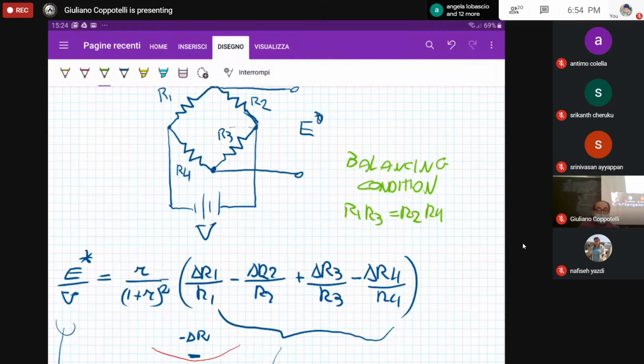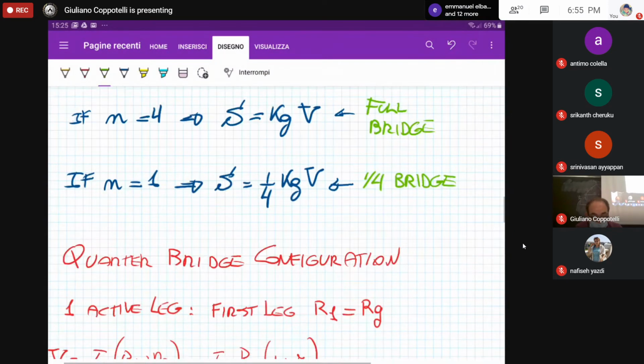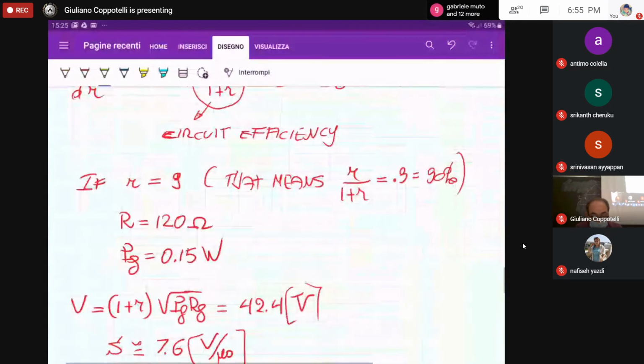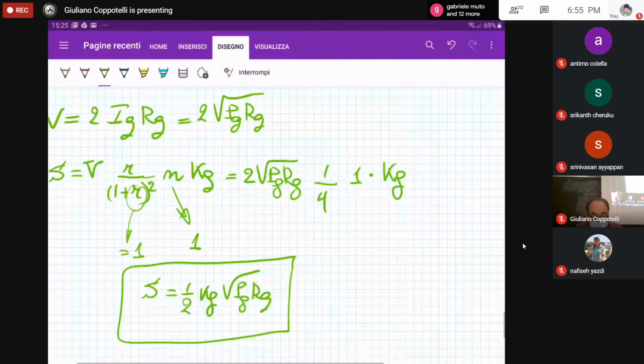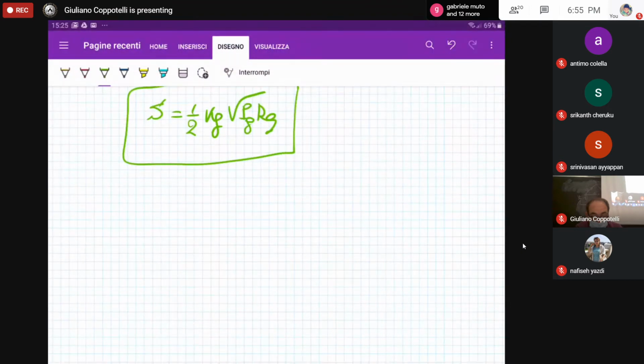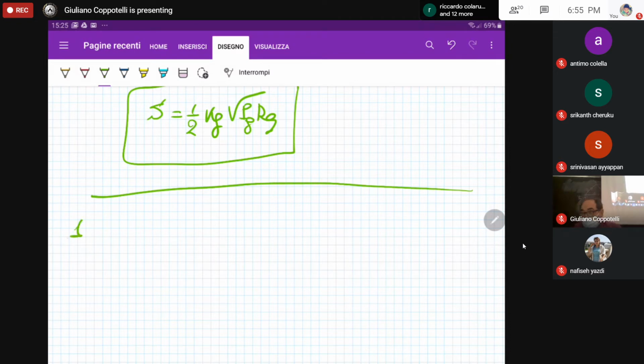Okay. So let's see what happens if we are now putting the strain gauge for temperature compensating on leg number 4. Okay, so let me write that. Just one active leg once again.